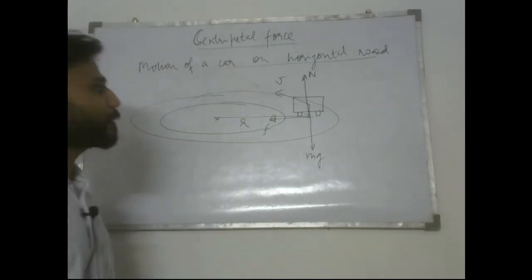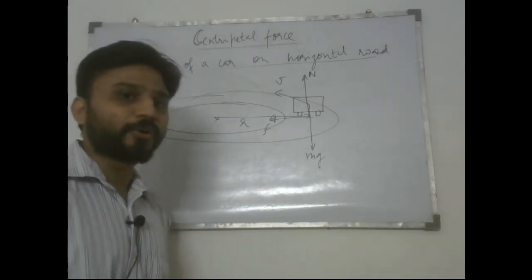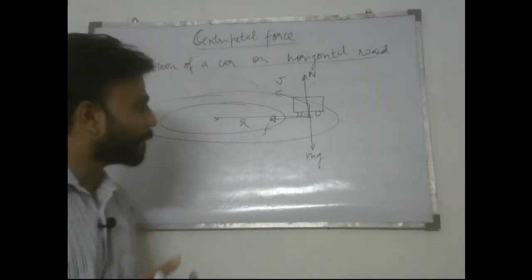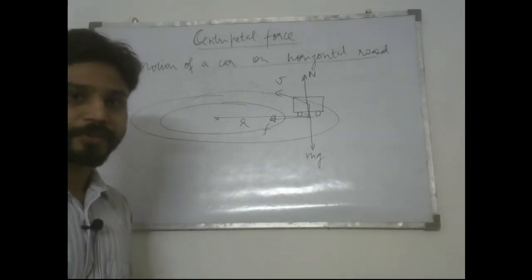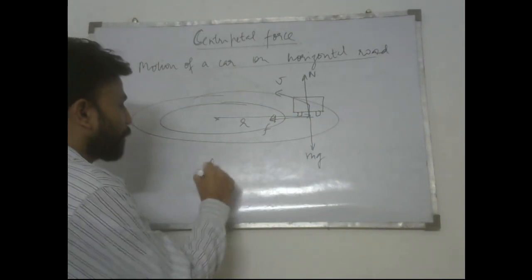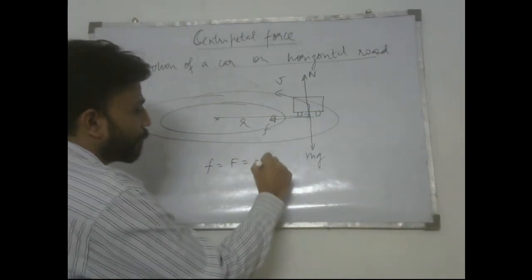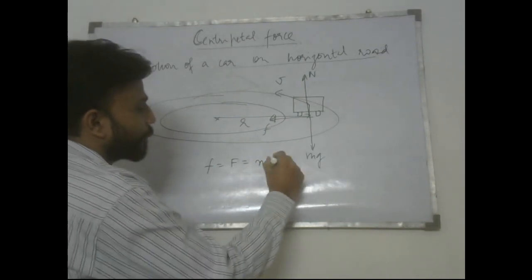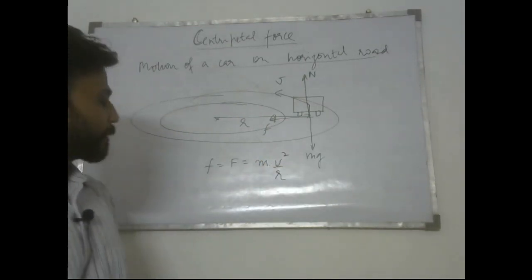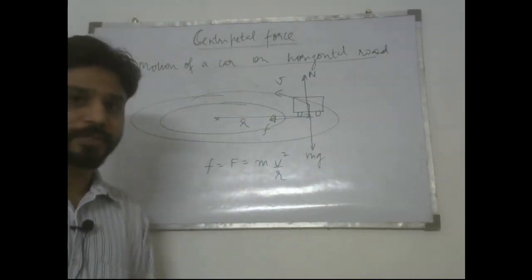So again, just like in the case of the string attached to the bob, where there was a force acting on the bob towards the center, equal to mv square by r, we can easily say that the friction force is the only force acting on the car which is keeping it in circular motion, and its value should be equal to mv square by r, which is the expression for centripetal force.